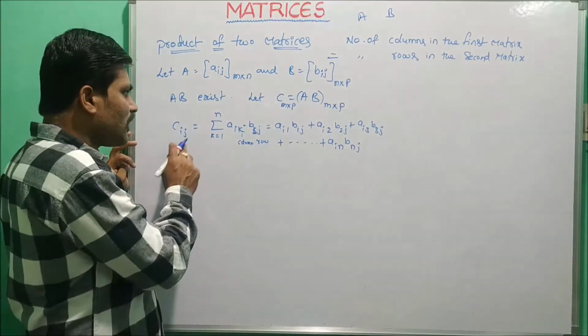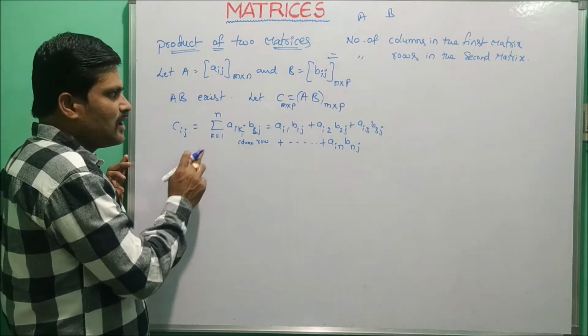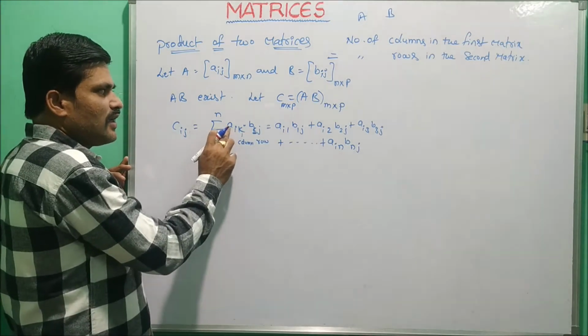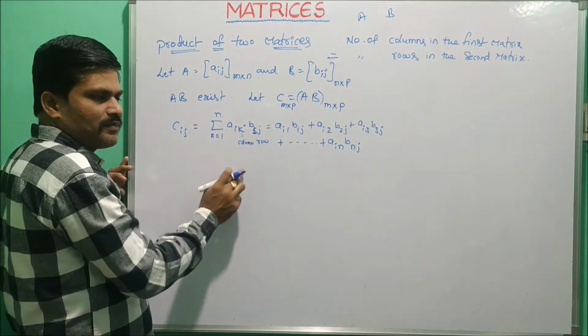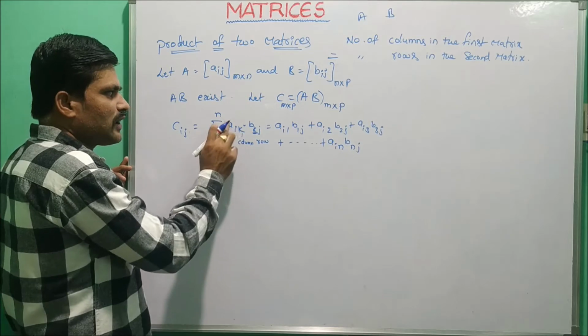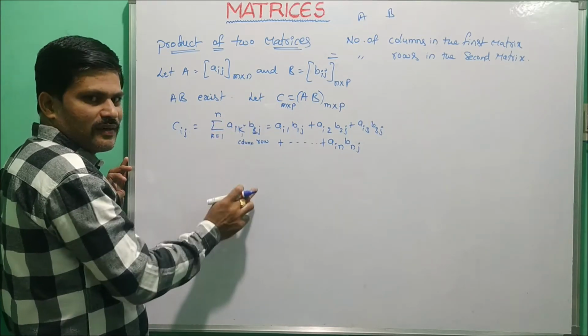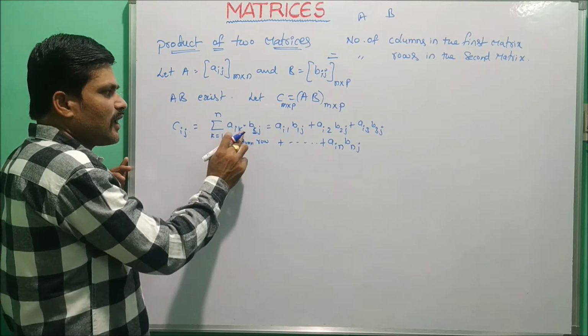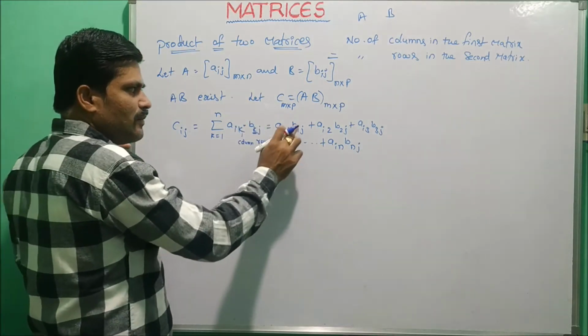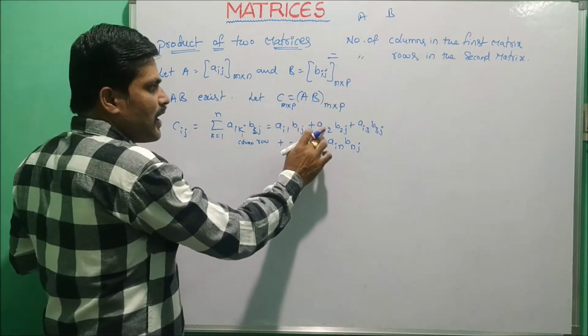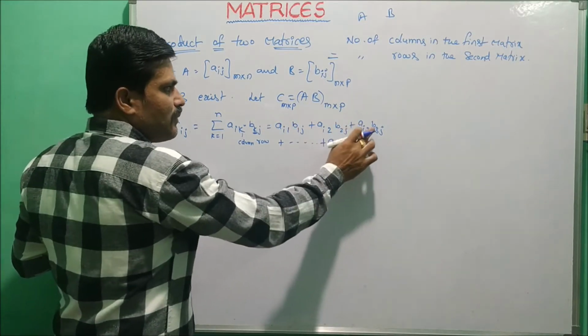Now the position of the elements can be written as Aik and Bkj. Taking k equals 1, the first element is Ai1 B1j, then Ai2 B2j, Ai3 B3j.